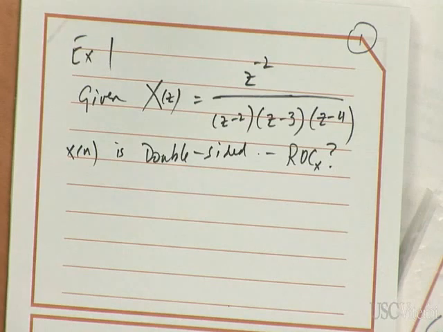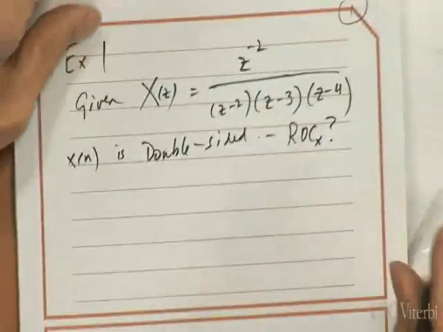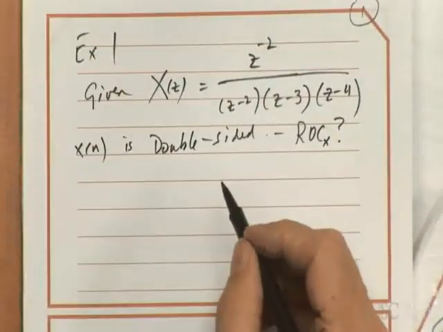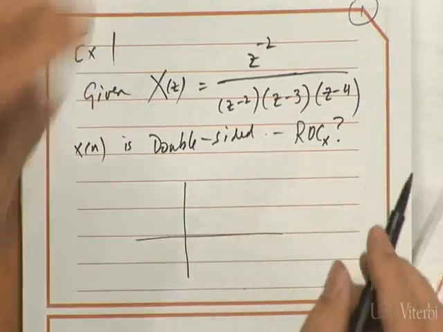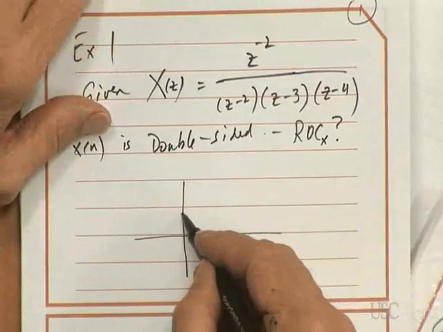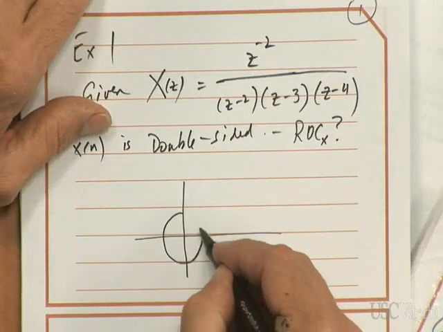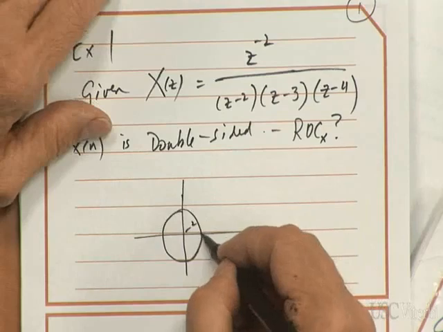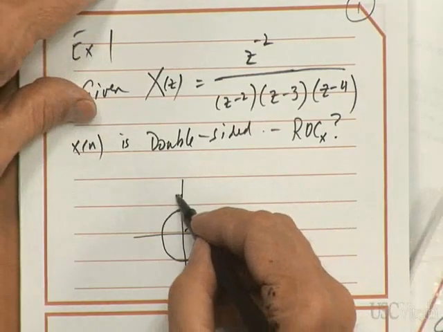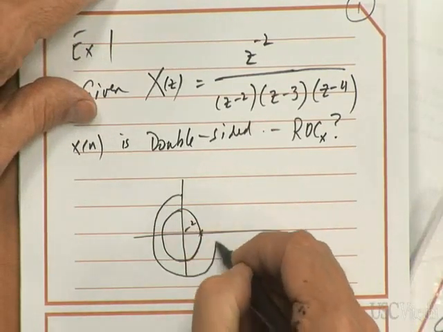As it turns out, for this example, you won't know it uniquely because it has 3 poles, 3 rings. There's going to be a circle for each pole. There will be a circle at radius 2, another at radius 3, and a third at radius 4. The poles are real.